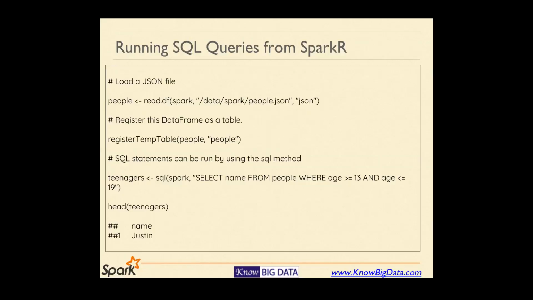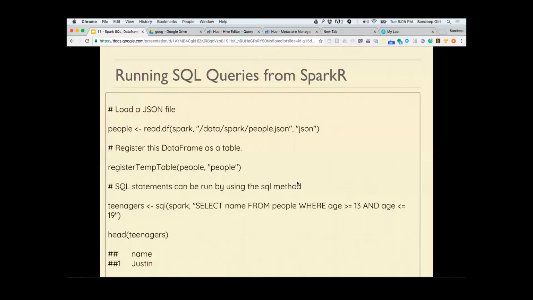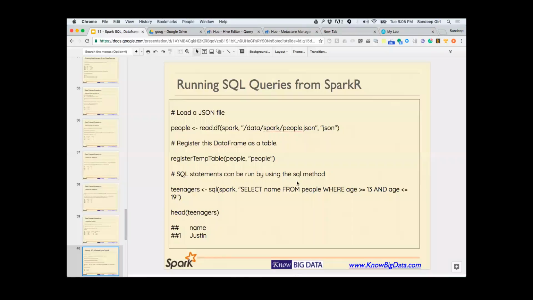It's just the language, R, and the other one was Scala, and similarly Python. In all these three, you can either operate on SQL or operate on the data frame. All right, so that's pretty much about Spark SQL, SparkR, and data frames.